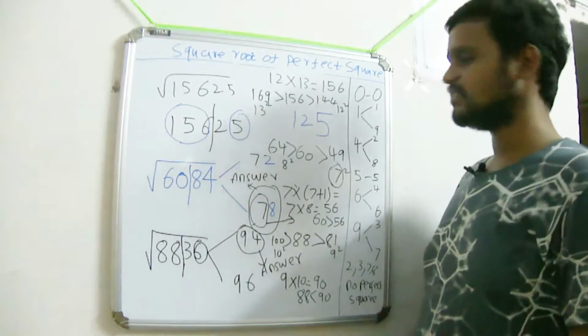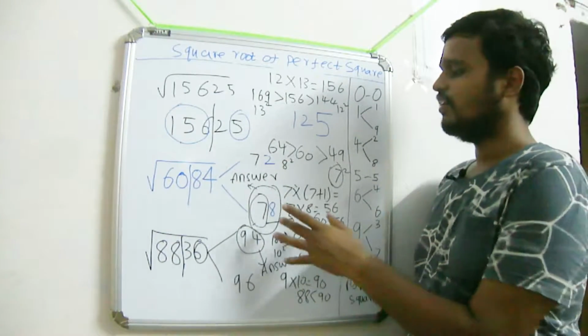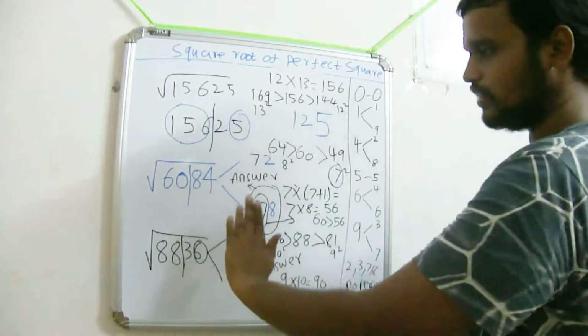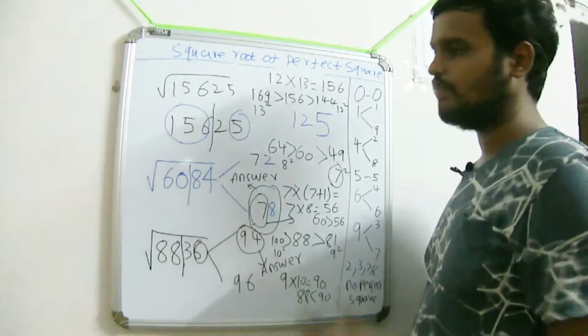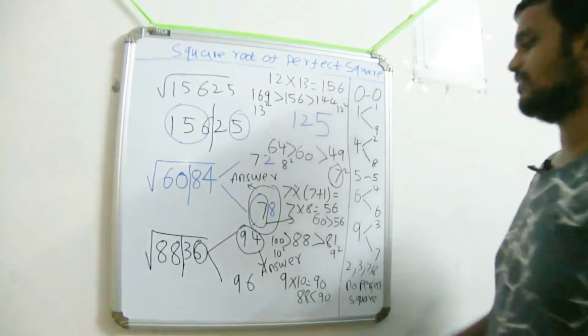So it is definitely greater than 75, and as a result we get the answer 78, because the number before the last two digits is 60, which is greater than 7 into 8, that is 56.